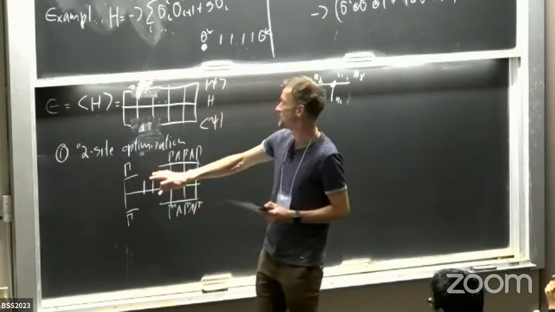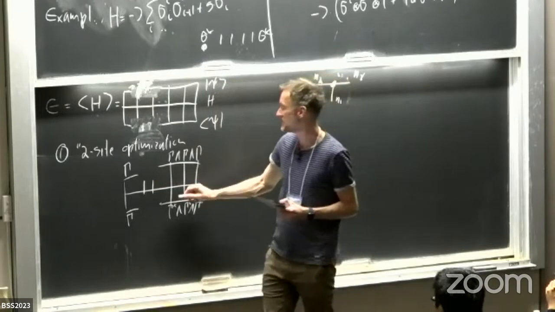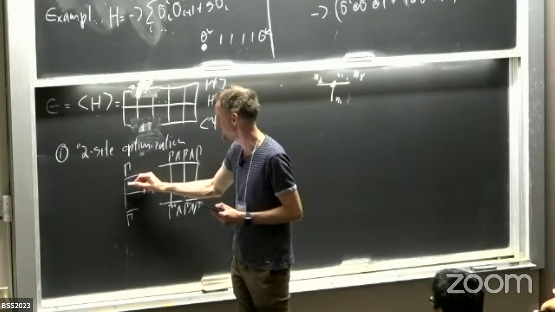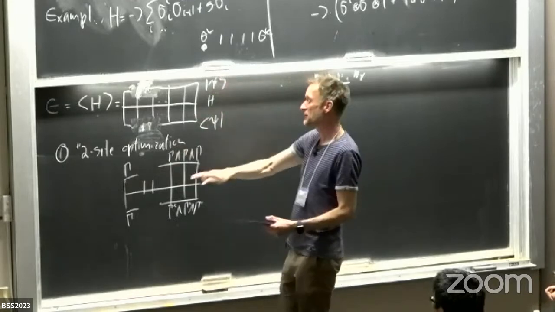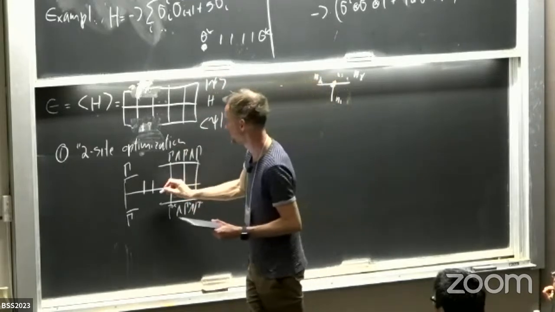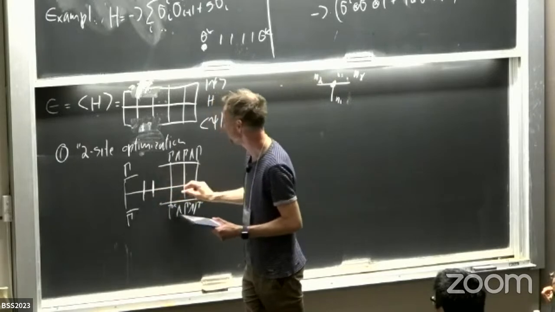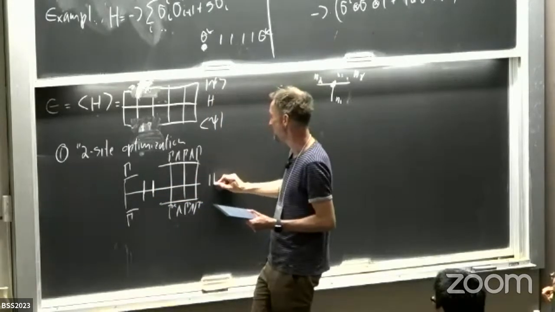But now we see that what I'm actually doing here is that I'm now projecting my Hamiltonian onto the Schmidt states. Right? So here, this MPO in the middle, this is my Hamiltonian.